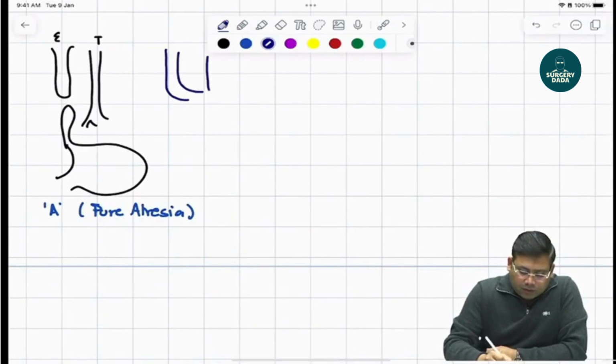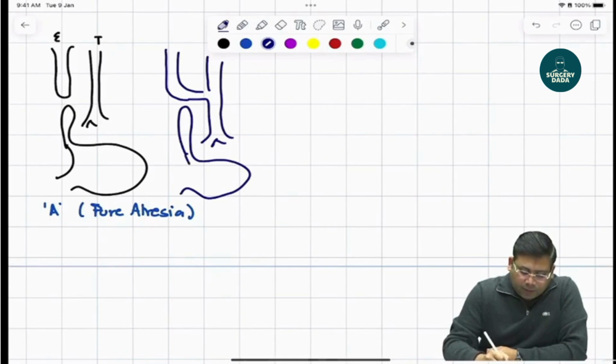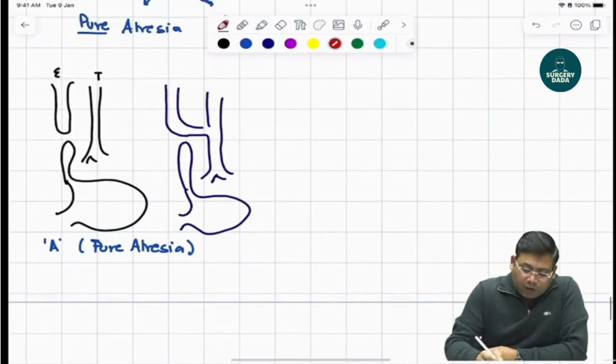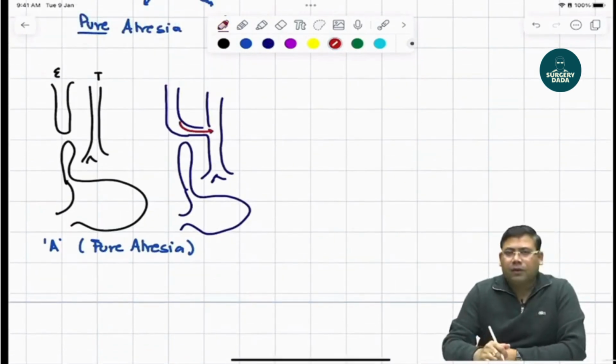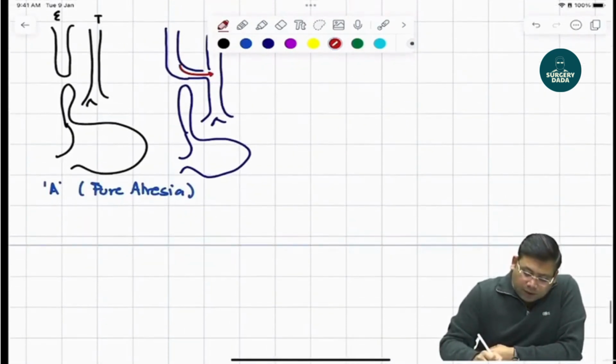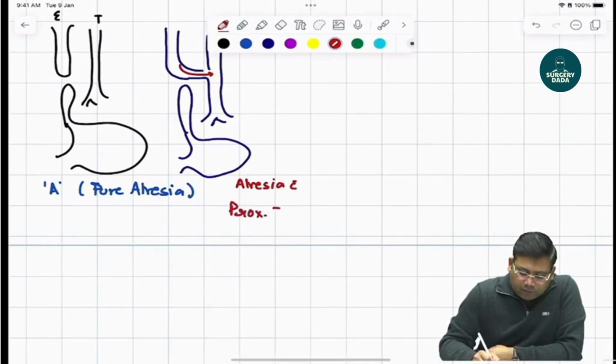This is a variety where you have the atresia, but the proximal end of the esophagus is fused with the trachea. So this will be known as atresia with proximal TEF. This is type B.